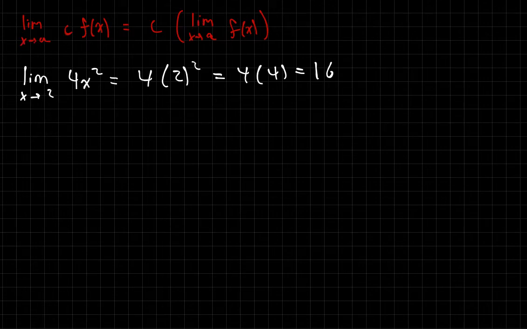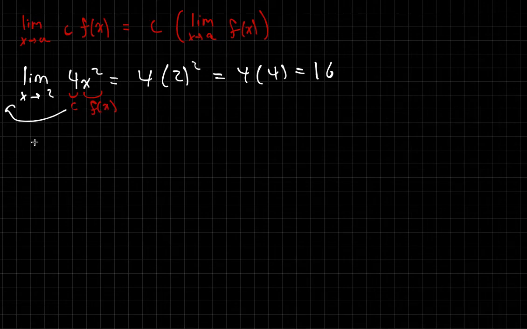And now let's use this property here. If we follow the same structure, we can see that 4 would be our c, and x squared would be our f of x, right? Because 4 is just a constant, a real number, doesn't depend on x. And according to the property, they're saying that if we move this c outside of the expression, we get the same result. So let's see if that happens.